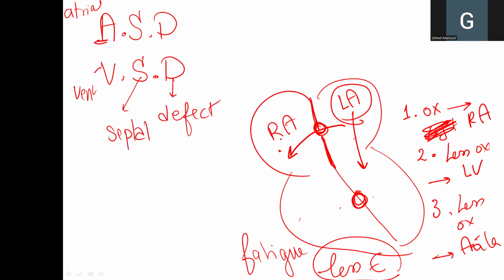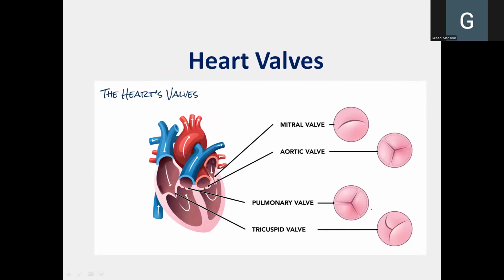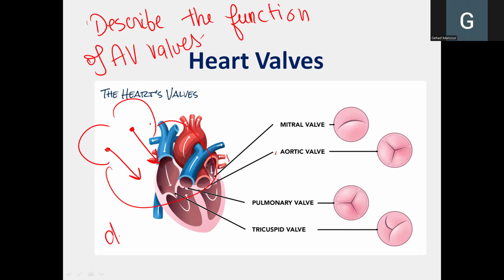But it's exactly the same description of consequences. We have just talked about the heart valves, and again, I emphasize that we have two atrioventricular valves and two semilunar valves. If you were to describe the function of atrioventricular valves in general, you would say that they allow the passage of blood from the two atria to the two ventricles during diastole.